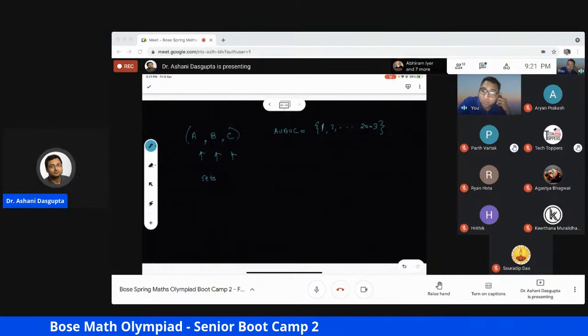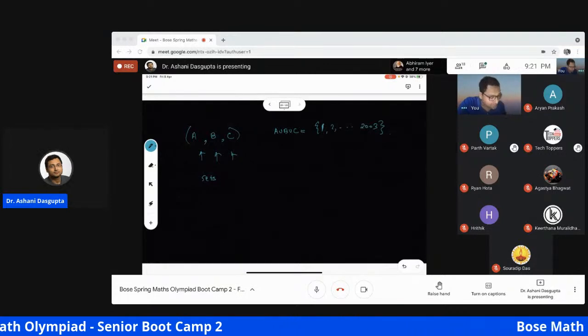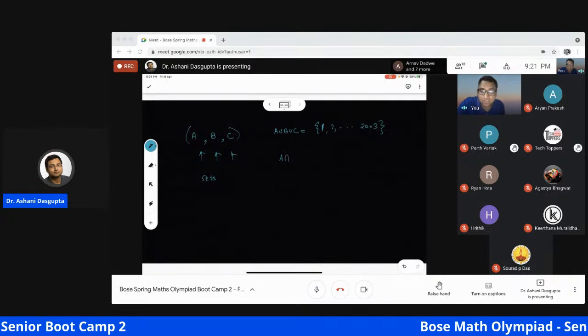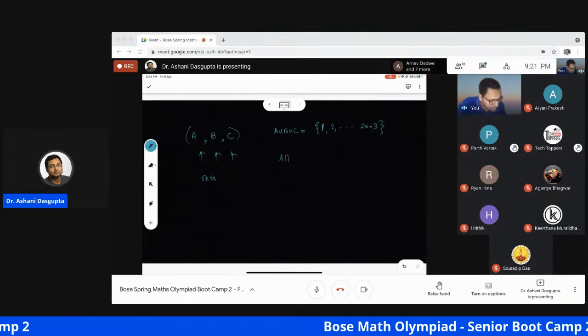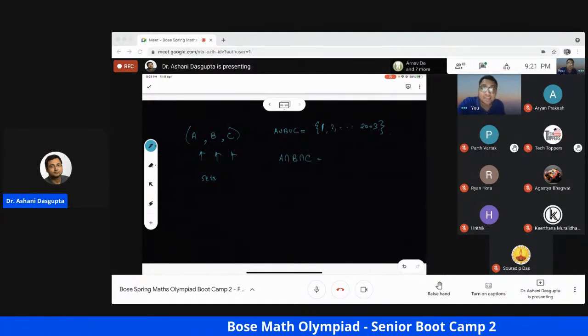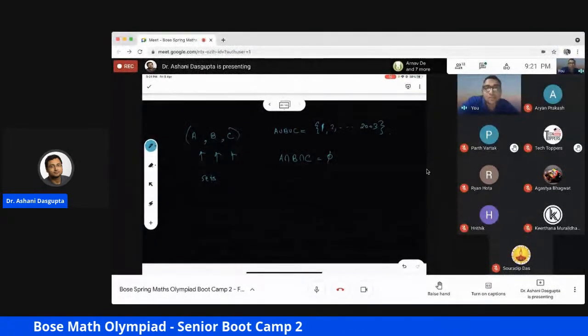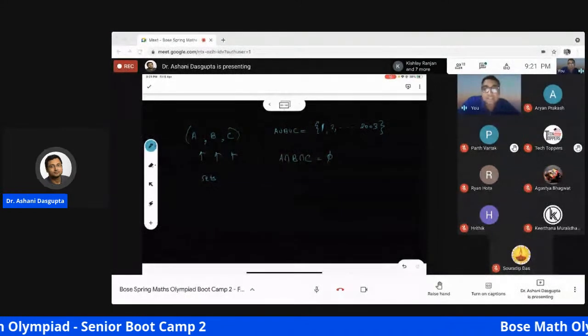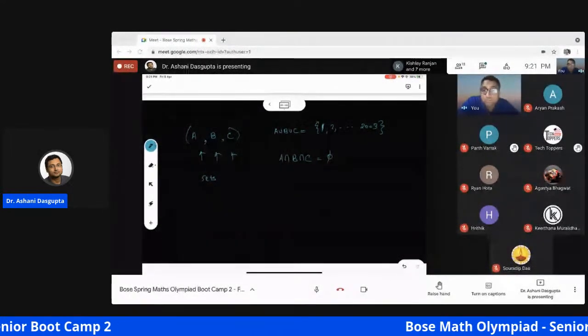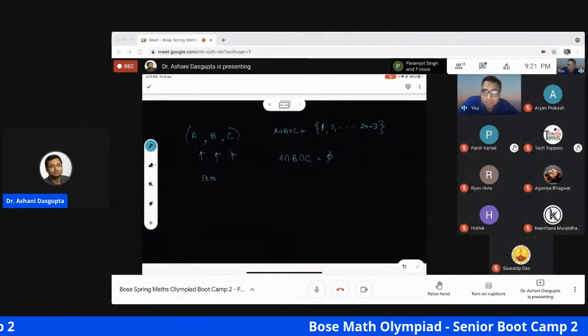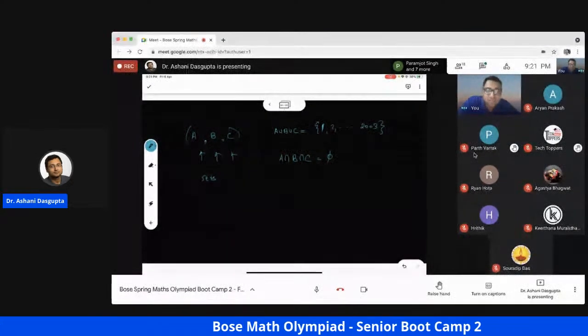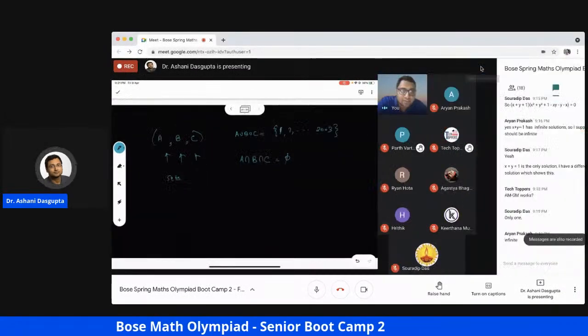And it's also given that A intersection B intersection C is phi. So A union B union C is the set 1, 2, 3, 4 up to 2003, and the intersection is phi. It's empty.